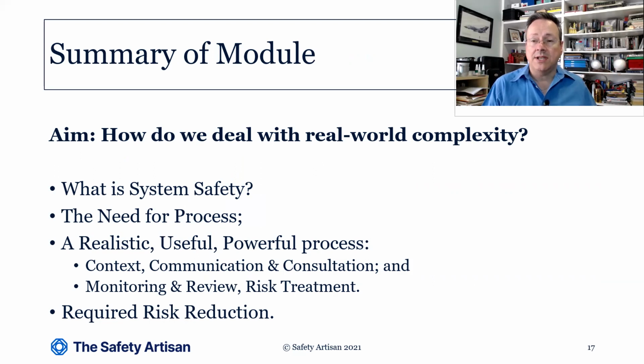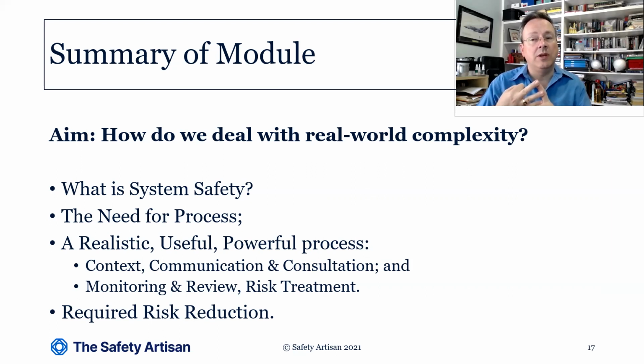We need that process, that rigor, in order to give us confidence that what we've done is good enough. We have a realistic, useful, and powerful process that enables us to put things in context, to communicate with everyone we need to consult with, those that we have a duty to consult with.